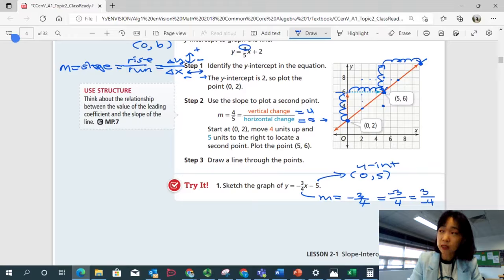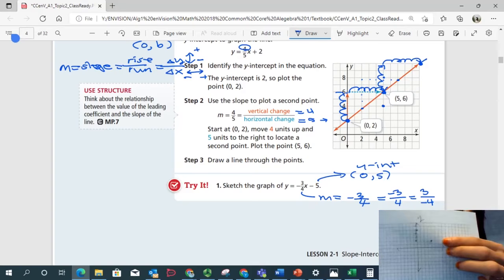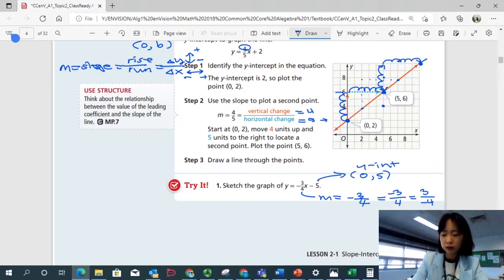Down 1, 2, 3, and then you go right 1, 2, 3, 4, and your next point is right here. Okay, go down 3, right 4. Or you can go up 3, 1, 2, 3, and then left 4, 1, 2, 3, 4.